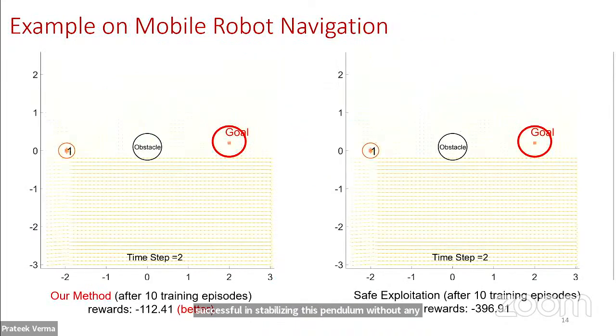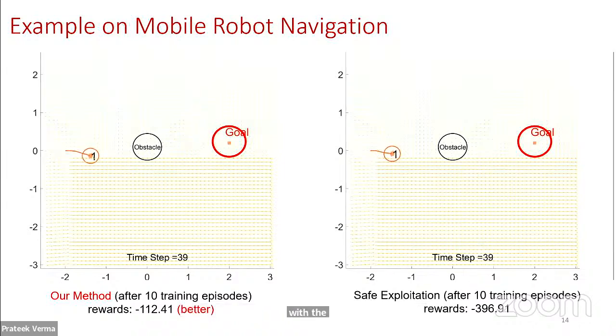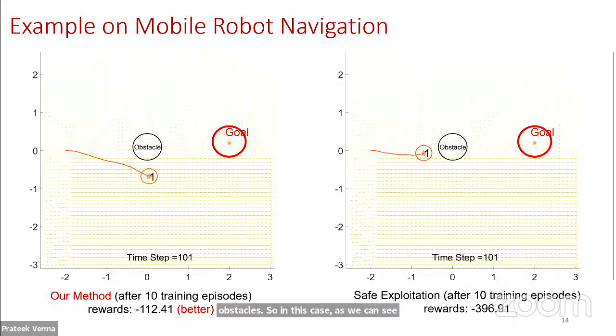So here we have another example on a simple case of mobile robot navigation, where the robot starts with initial dynamics without knowing the actual wind field in the background, and the robot wants to move in this environment, collect data, learn the wind field, and try to avoid collision with the obstacles. On the left-hand side is our method, and the right side is a safe exploitation method.